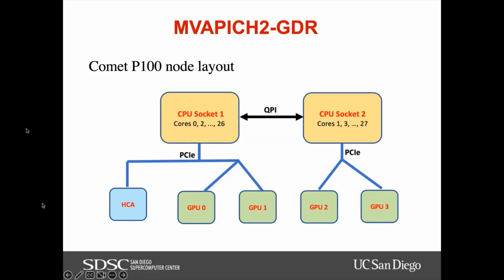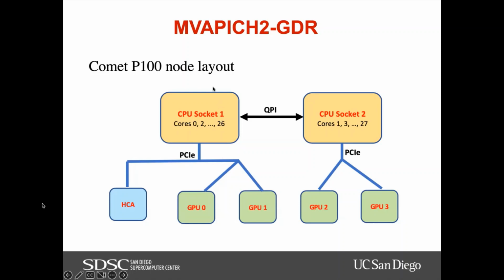Of course, that's possible at the low level, but then your MPI needs to be aware of that, right? Otherwise, the MPI will just say, I need to transfer from the memory buffer on this CPU to the memory buffer on that CPU. It doesn't know about the GPUs. So that would involve a lot of overhead, and for GPU codes it was going to affect the scaling quite a bit.